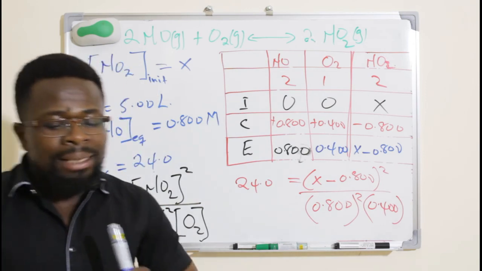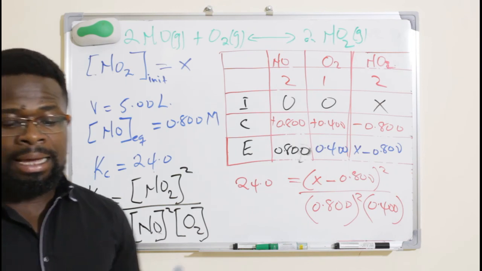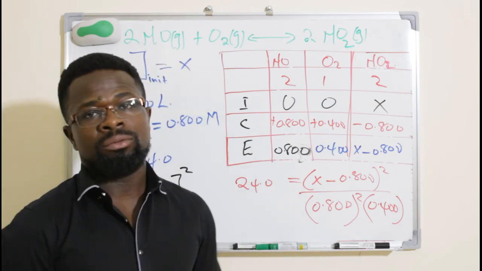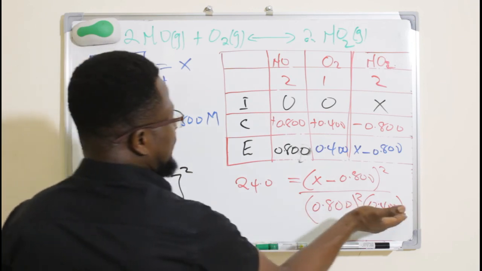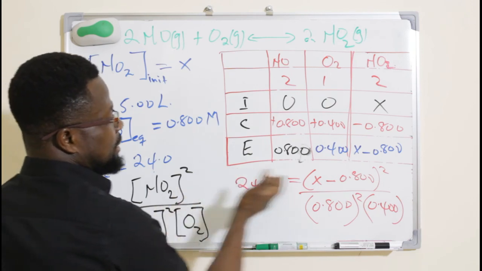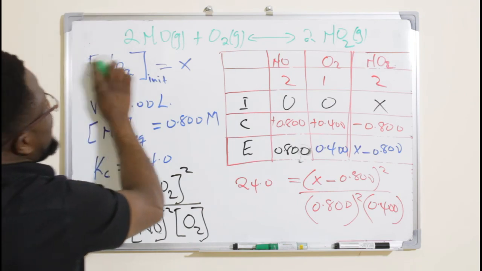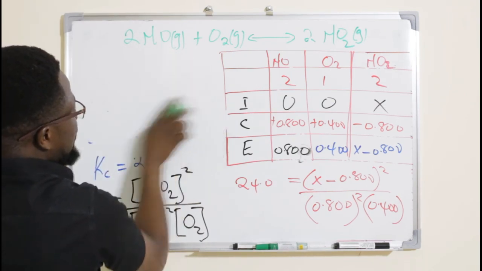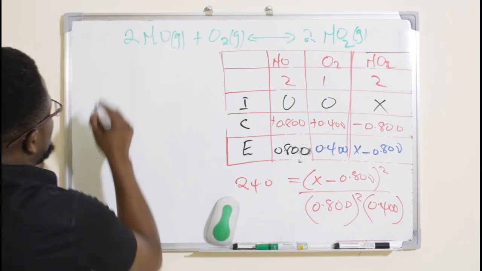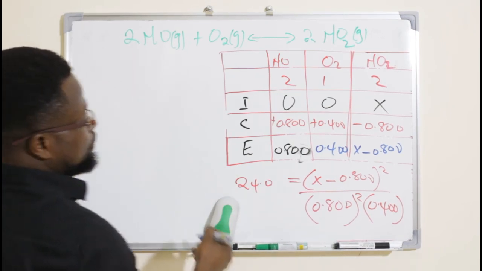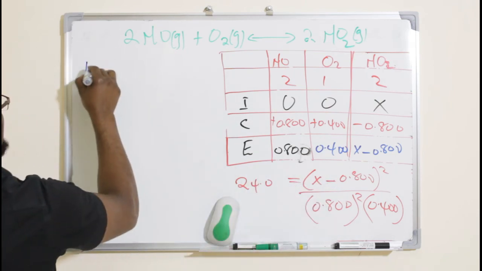Now we have all the values, but what we are looking for here is the X value. To find X, we need to multiply this by that, expand this, and do a transposition, which I believe you are all mathematics students, so that wouldn't be a problem for you to solve.